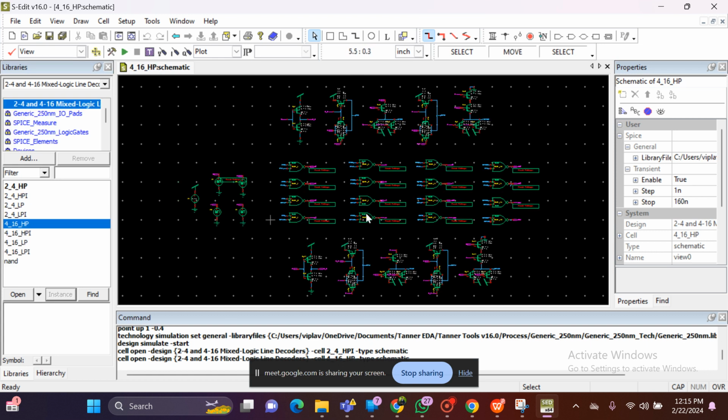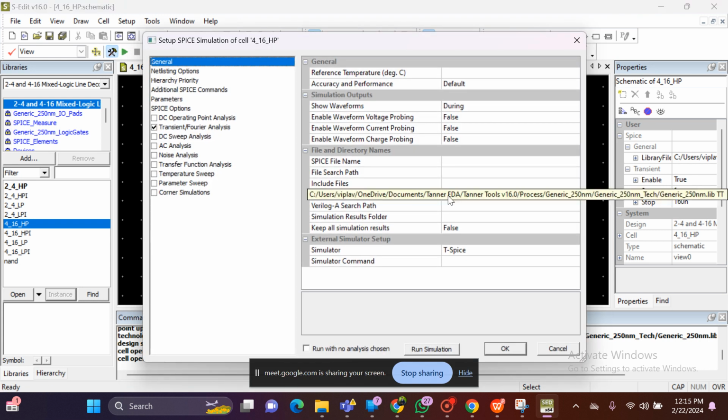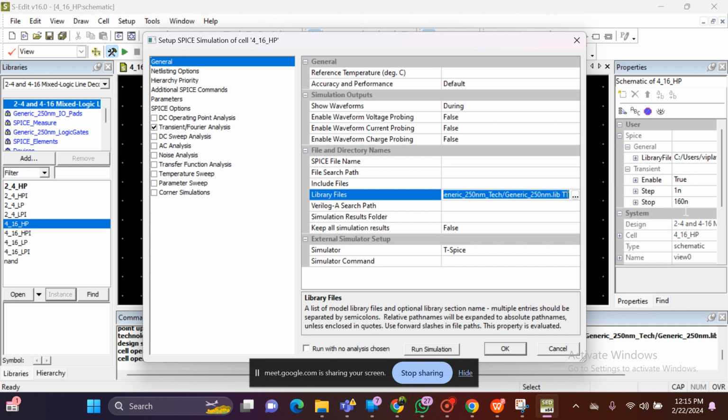See, for 4 to 16, there are 16 outputs and 4 inputs. So if you can just see here also, delete it.